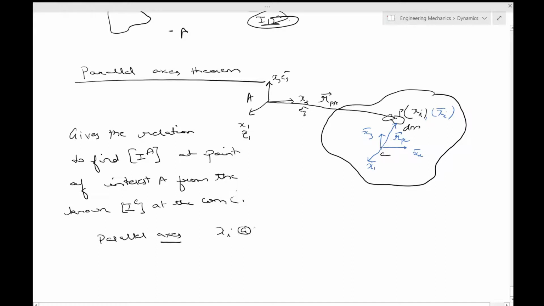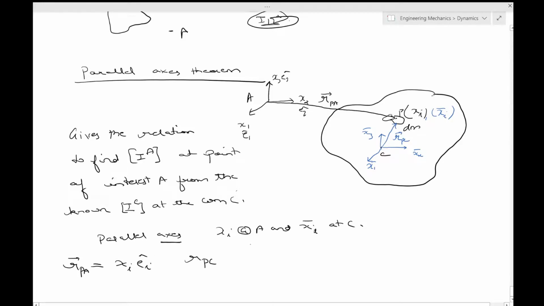Xi at A and xi hat at C. Okay, C is the center of mass. So these are two parallel axes, the blue and the black ones. Now RPA can be written as xi ei hat.